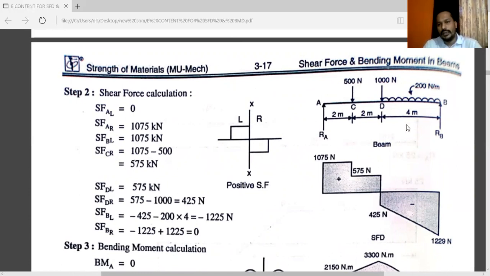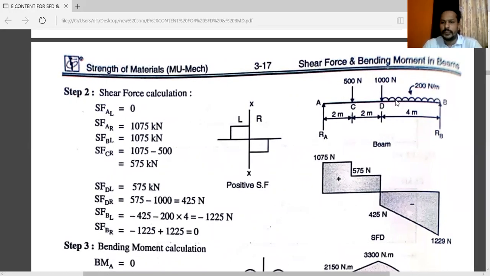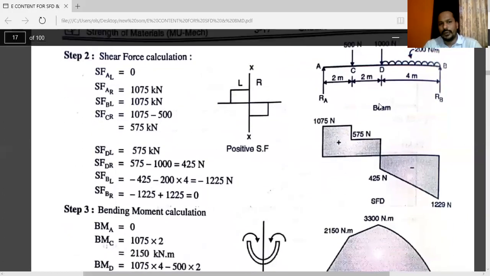A point is given, B point is also given. 500 Newton is acting at point C. 1000 Newton is acting at point D. From D to B, UDL is given. You have to draw the similar diagram here. And next step is to calculate shear force calculations. That is very, very important.